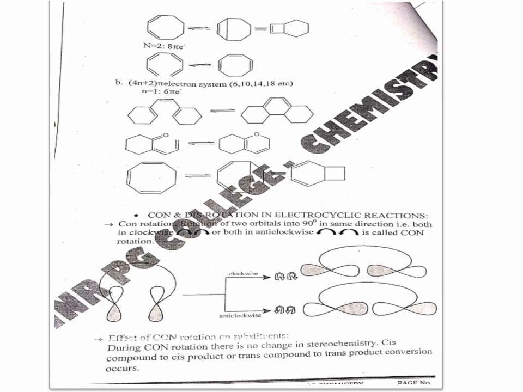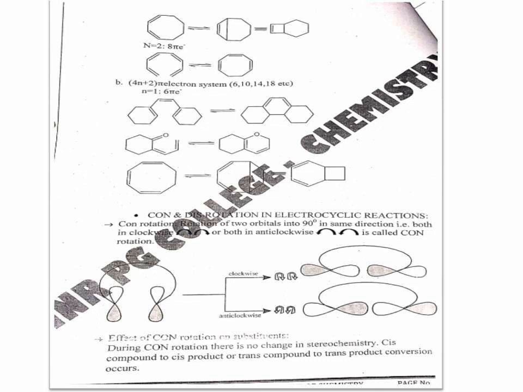If you come to the B category, there are 3 examples. Let us discuss the first example. On the left-hand side there is a bicyclic compound, and on the right side there is a tricyclic compound. So a sigma bond is formed during the electrocyclic ring formation.